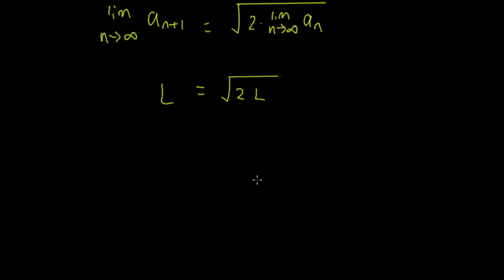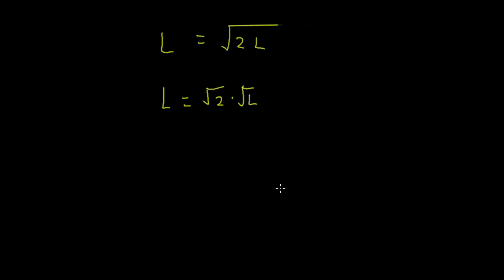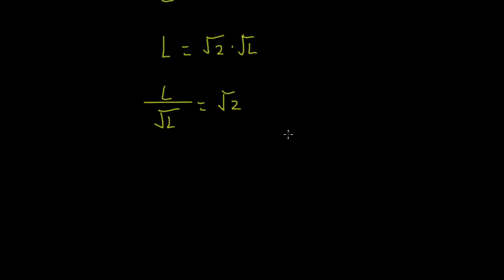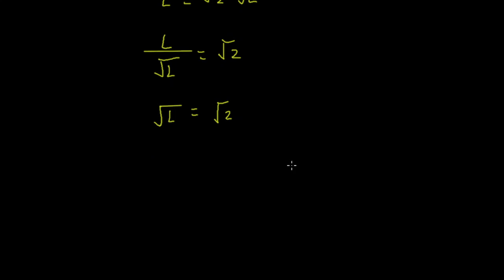Now, let's evaluate this. L is equal to, now we can divide this into a product of two terms, square root of 2 times square root of L. And divide both sides by square root of L. That's equal to square root of 2. Now, this side is just equal to square root of L. It's equal to square root of 2. Right? Square both sides.